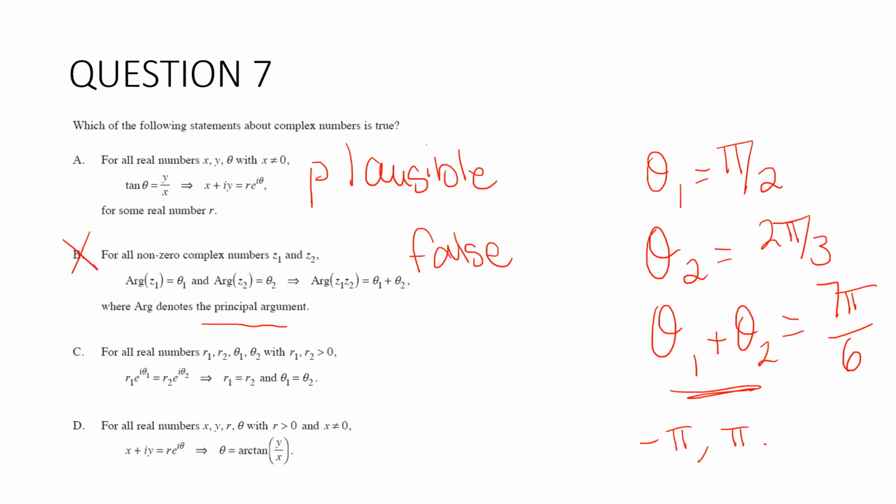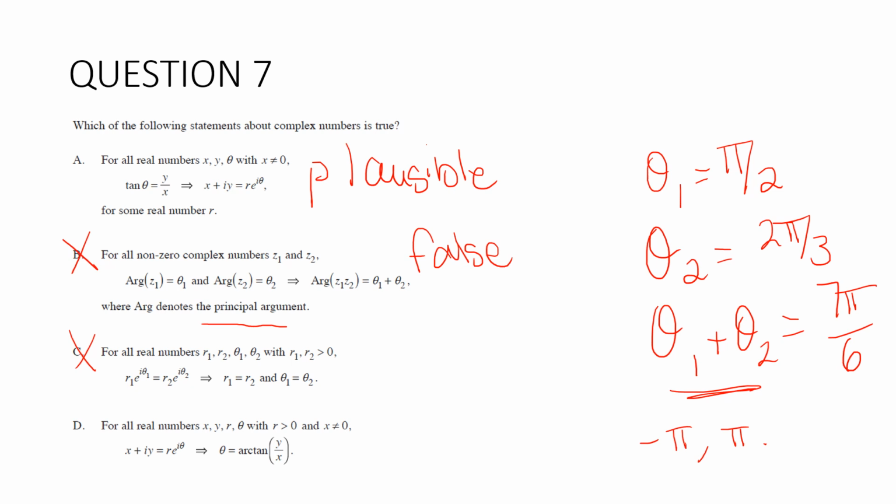C is out for the same reason. It's also false. For all real numbers R1, R2, theta 1, theta 2, R1, R2 greater than 0, we have R1 e to the i theta 1 is equal to R2 e to the i theta 2 implies R1 equals R2. That part's correct.